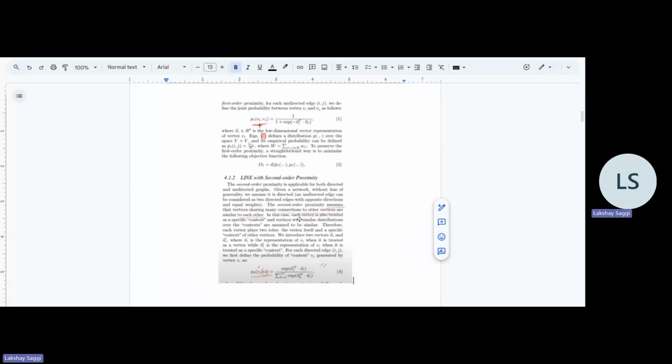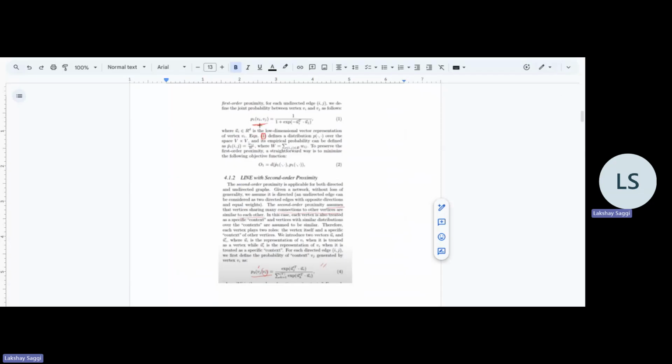Here, each vertex should be treated as a vertex, but is also treated as a specific context. What do we mean here? What we are referring to as context is similar to what we are referring to as neighborhood.